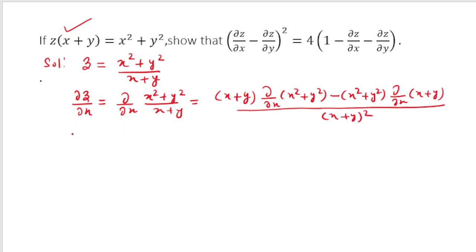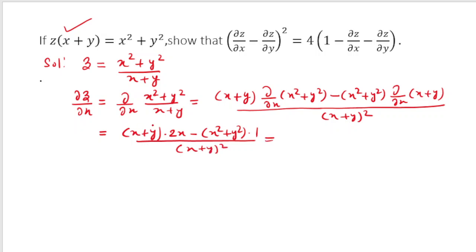So I will get (x + y) times 2x minus (x² + y²) into 1, divided by (x + y) whole square.